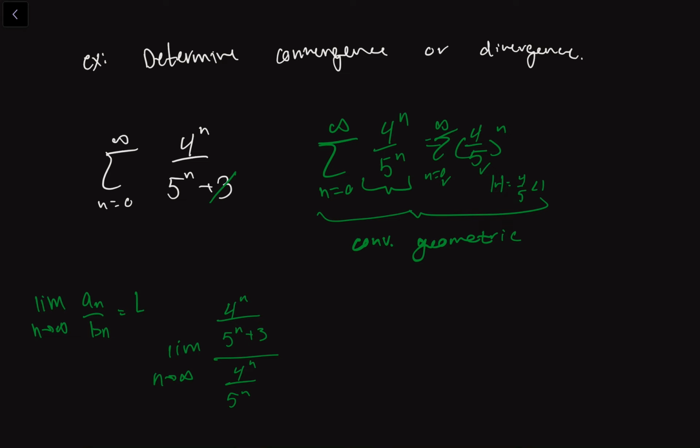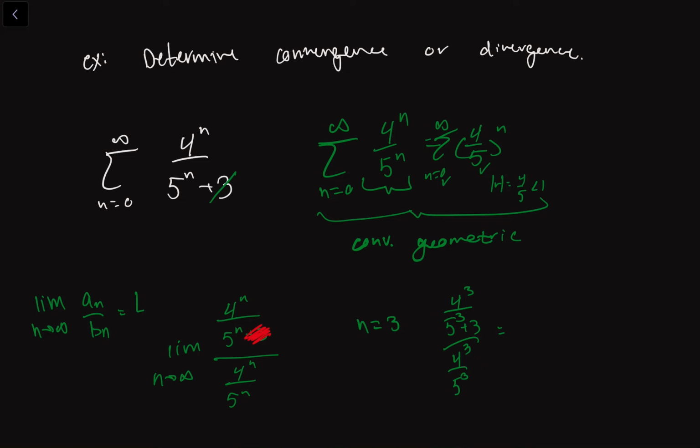So basically we can break a lot of math rules here. This plus 3 is not going to matter at infinity. An infinite distance away, that 3 is really doing nothing. You can even see that when n is equal to even 3, we have 4 cubed over 5 cubed, which is 125, plus 3 over 4 cubed plus 5 cubed.